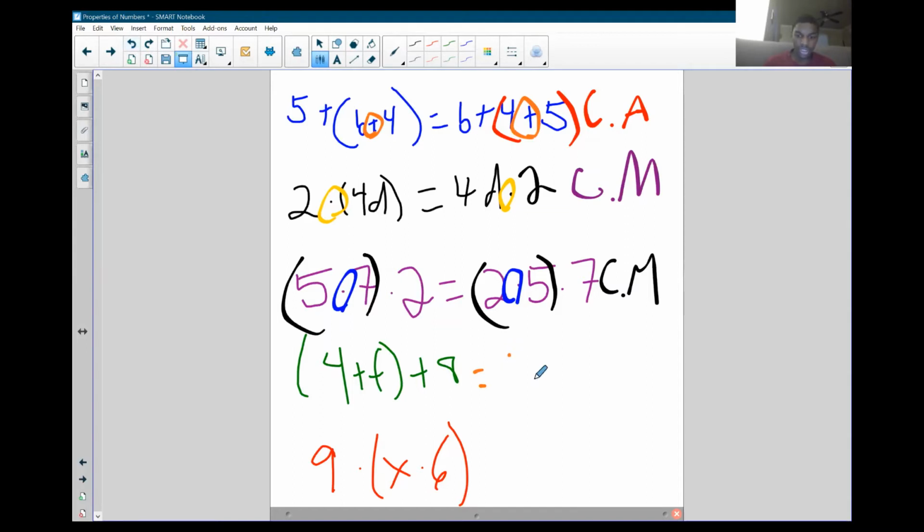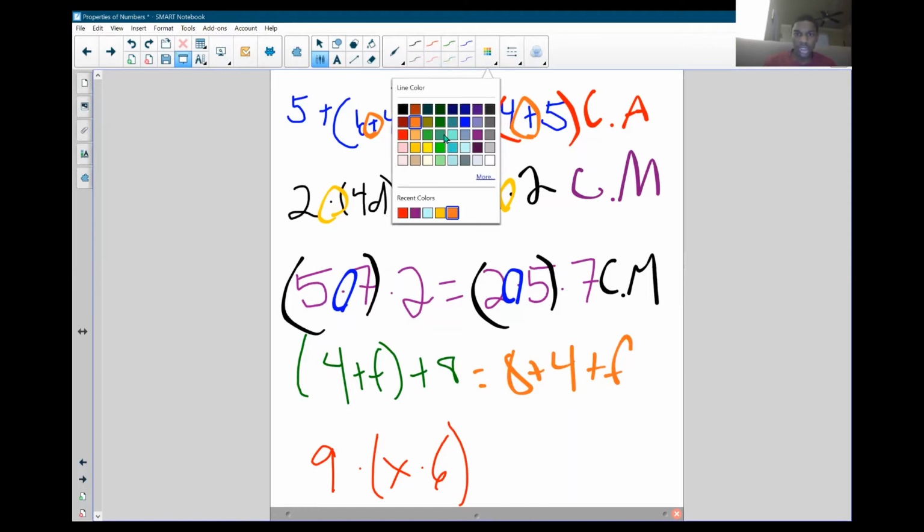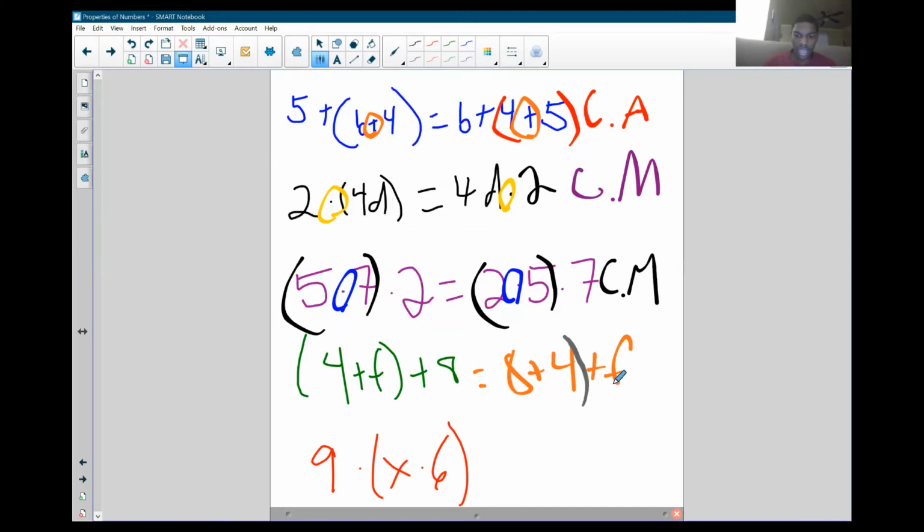Okay, so it'll be 8 plus 4 plus 4 plus 8. Okay, and then we can change the parentheses. Let's do it in this color. And we can put parentheses around the 4 and the 8.